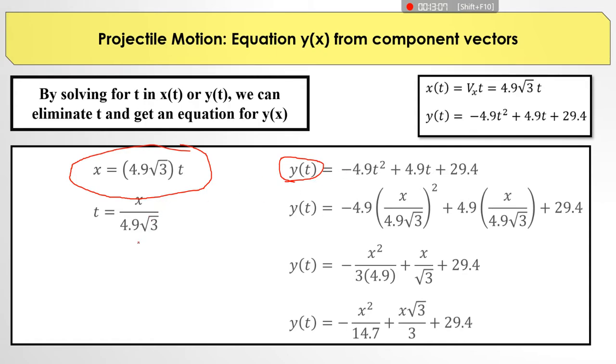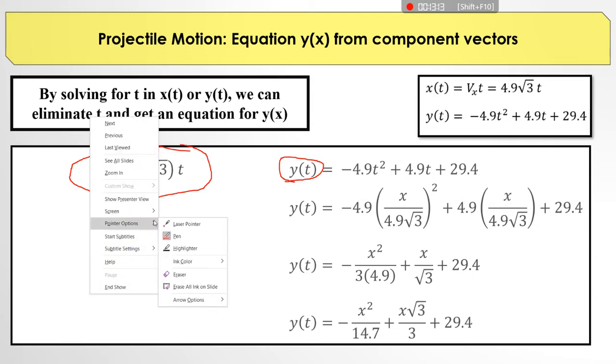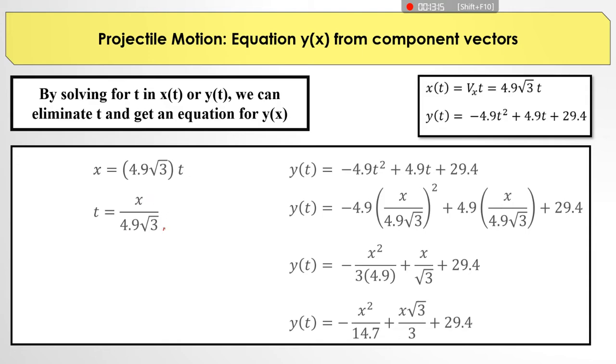So I'm going to take our t here, because our x of t equation is a little bit simpler, and I'll take this t and plug it into our y of t equation, to get a new equation that only has y and x.